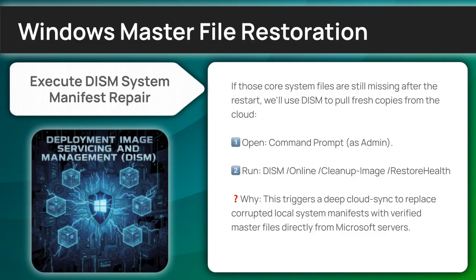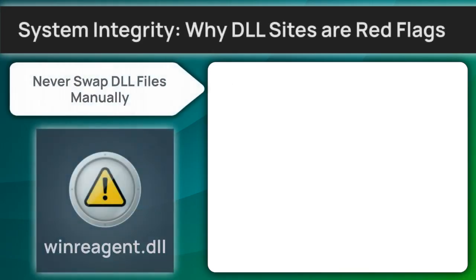Second, you're going to type DISM /online /cleanup-image /restorehealth, then hit enter. Why are we doing this? Well, this triggers a deep cloud sync to replace corrupted local system manifests with verified master files directly from Microsoft servers. To avoid future system conflicts, there is one specific security trap we should discuss.